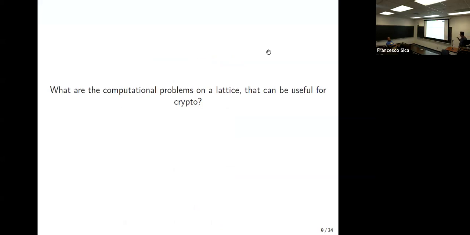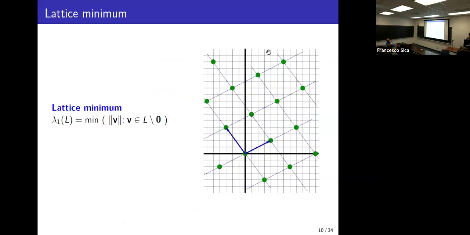So after we define the lattice, the most important thing relevant to crypto, of course, is what are the natural computational problems on lattices that can be used for crypto. There are lots of computational problems, but the most relevant one is this quantity called the lattice minimum.